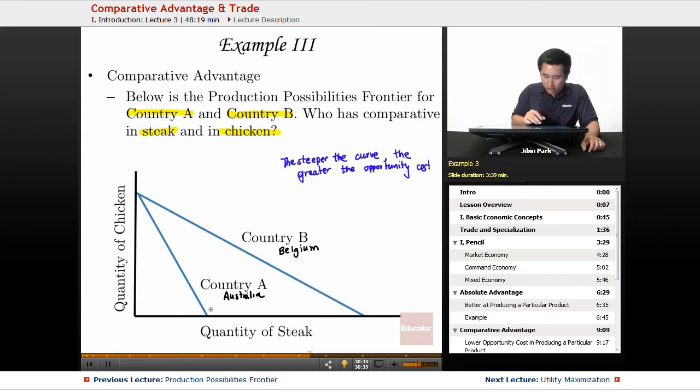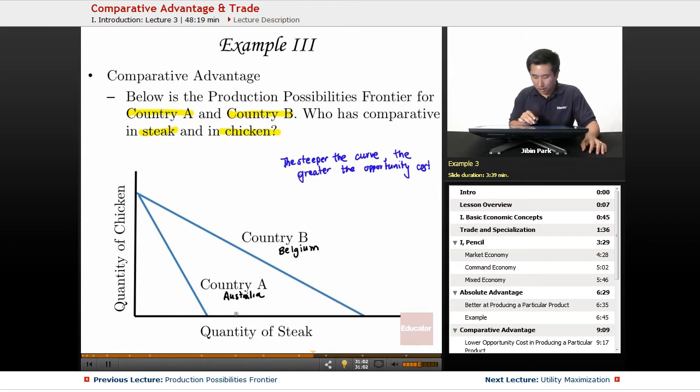So clearly in Australia right here, the curve is steeper than it is in Belgium, which has a relatively flatter opportunity cost. So in order to produce more steak, there's a lot of chicken that is being given up in Australia, whereas in Belgium, it appears that much more steak can be produced.